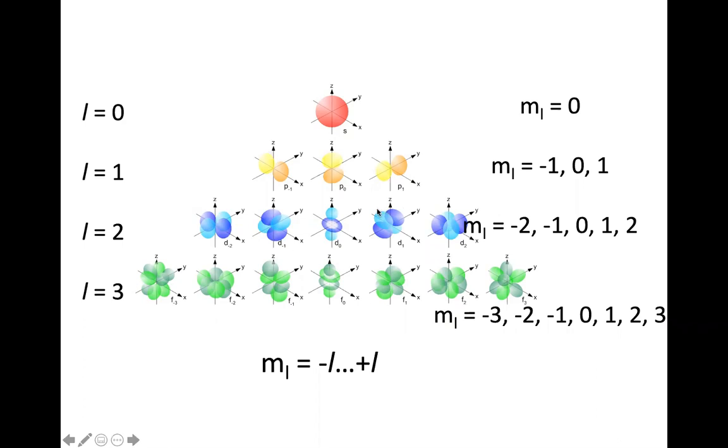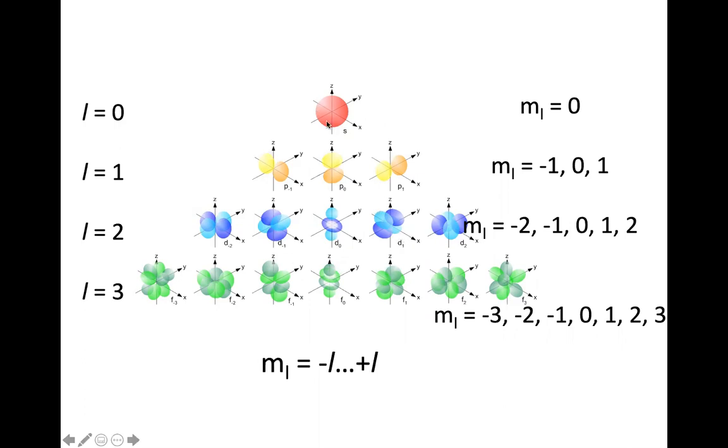L equals 2, you have 5 options. L equals 3, you've got 7 options. So we're going to see next class how this fits with what we have then on the periodic table. But notice in this one, we have 1 s orbital, 3 p orbitals, 5 d orbitals, and 7 f orbitals. That's what I mean when all the parts are fitting together.